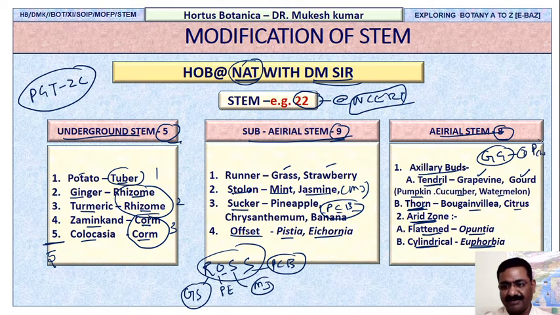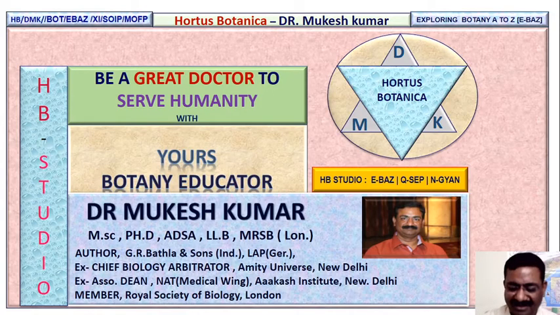P, C, W. You all know, very common gourds. Now in thorn we have 2 examples, very common, bougainvillea and citrus, very common plants you see daily. And in arid conditions, either it is flattened in the case of Opuntia, or it is cylindrical in the case of Euphorbia, right? So that's all about the modification of a stem.